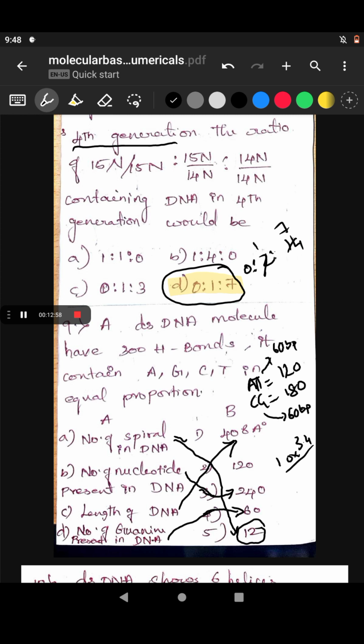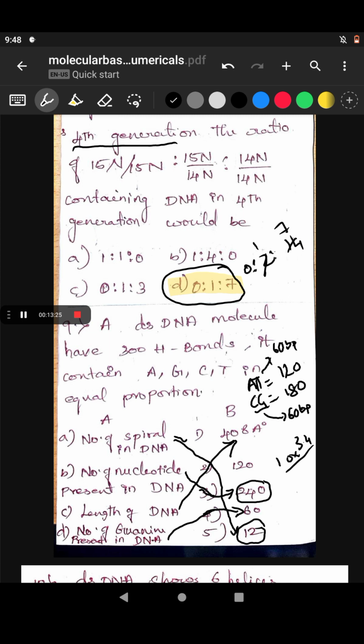Similarly, cytosine and guanine have 60 base pairs, so 60 into 2 is 120. 120 plus 120 is 240, the total number of nucleotides present in the 12 spirals of DNA.